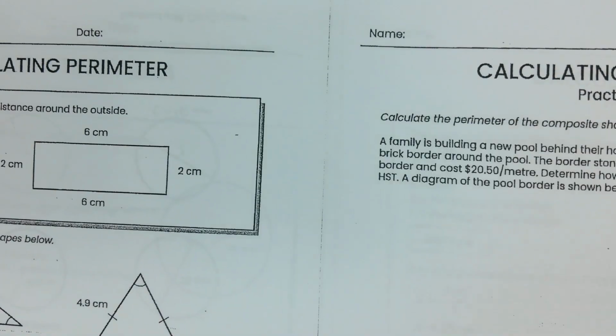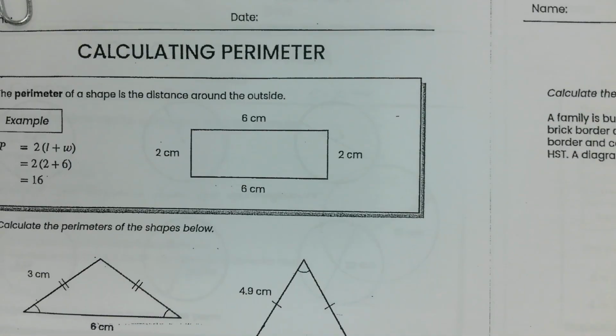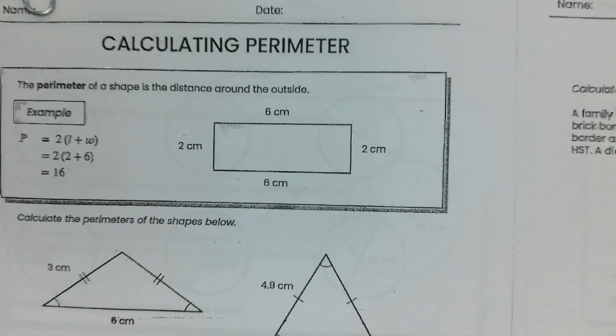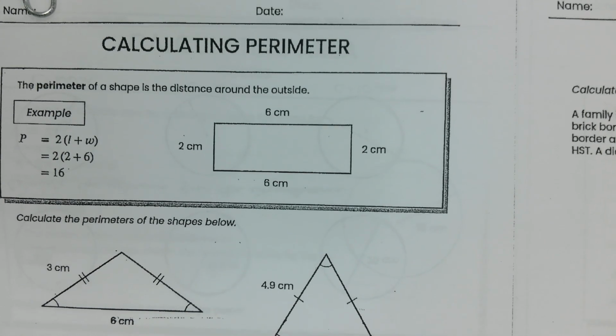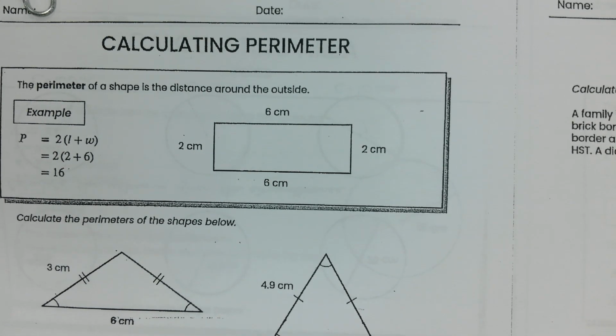So if you flip the page to calculating perimeter, the third page. Remember, today we're doing perimeter and area. So your homework is going to be on perimeter and area, not just one. I realize I have to emphasize that.